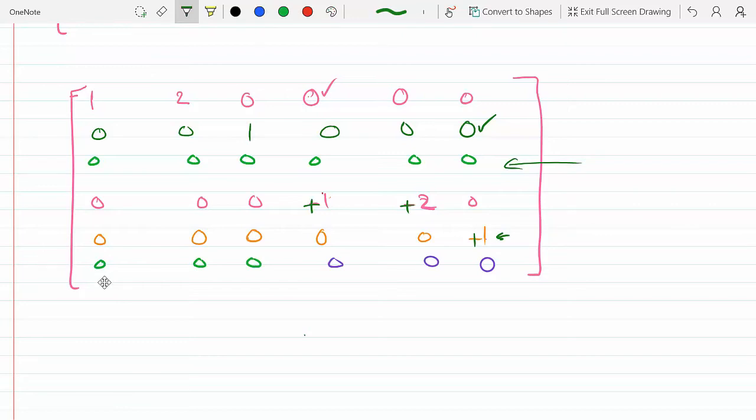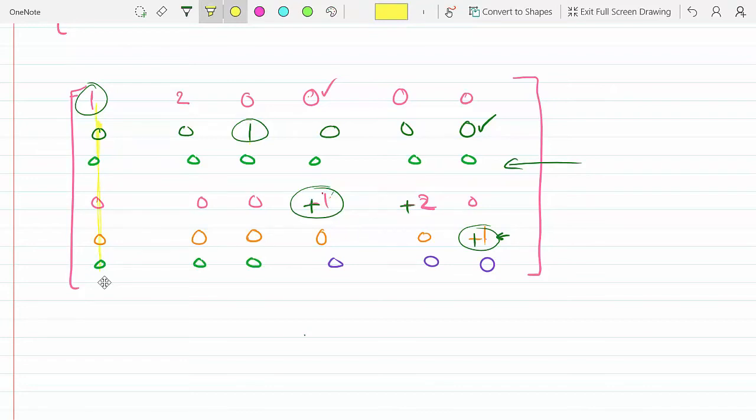The other criteria is the leftmost non-zero entry of a row is equal to 1. So this here is 1, the leftmost. This is 1. This is 1, and this is 1. Yeah, so I'm satisfying that. And then the leftmost non-zero entry of a row is the only non-zero entry in that column. So notice that under this 1, everything here is zeros.